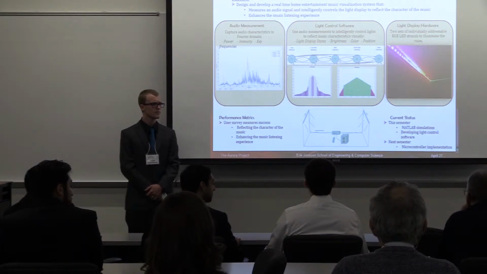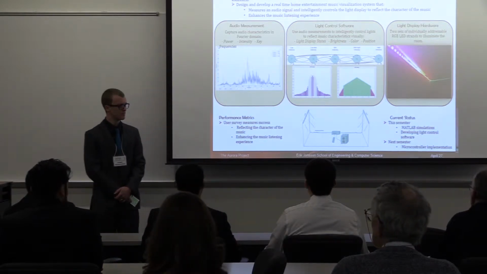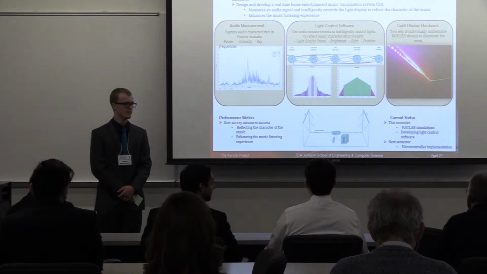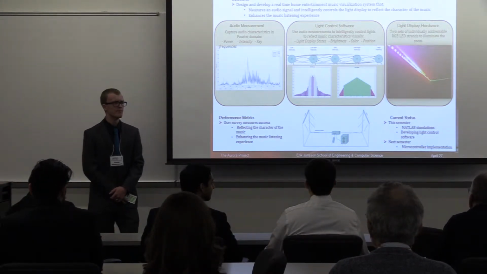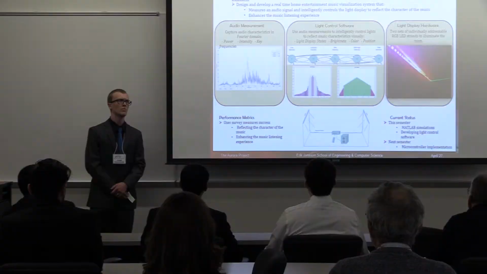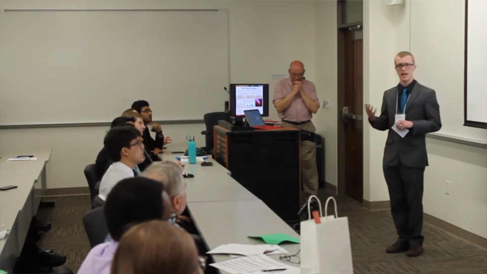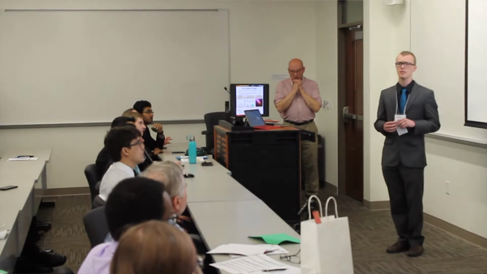What is your algorithm? You want to reflect the character of the music. Right. What's the algorithm? So, depending on the light display state, we use different algorithms. I'll give you an example.